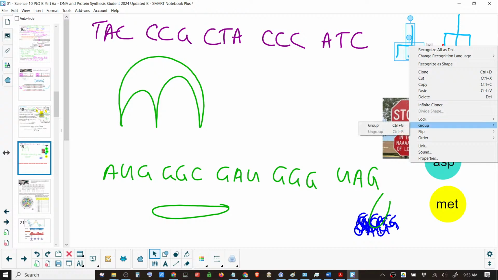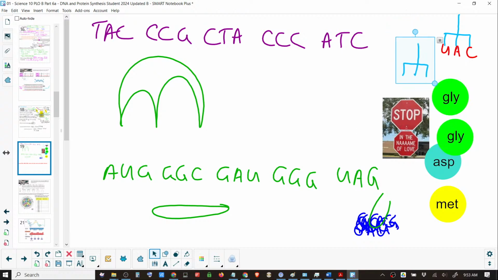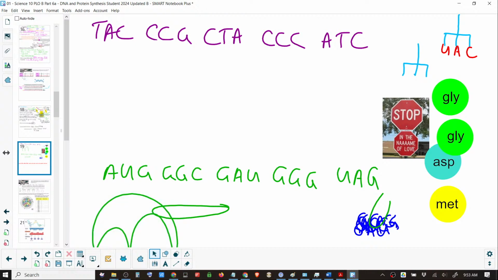Okay. Everybody have their data table out? Turn to the biology page. Your biology page is fairly easy to find. It's on the very, very back page. This is a codon table. Using this table, you can figure out what every amino acid is coded for.